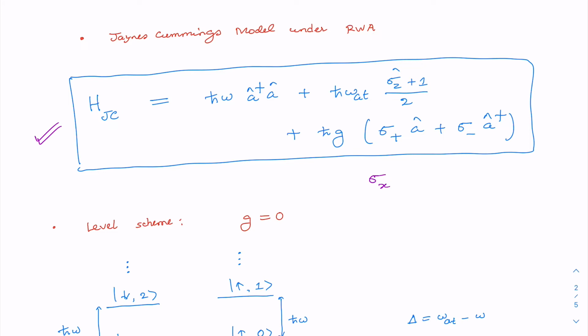As we explained earlier, if we break it up into the atomic raising operator and the atomic lowering operator, and multiply by a plus a dagger, 4 terms should be there.